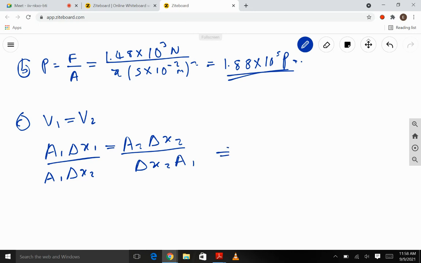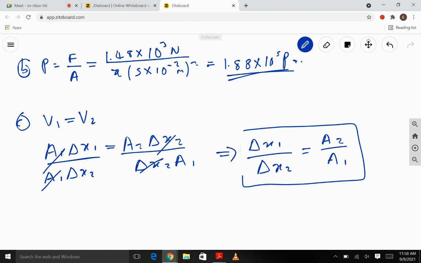So here you just want to write things. This cancels that. So what you're going to have is change in distance 1 over change in distance 2. Then you're going to cancel that. Then you're going to have area 2 and area 1. So that's our first thing that we've derived.